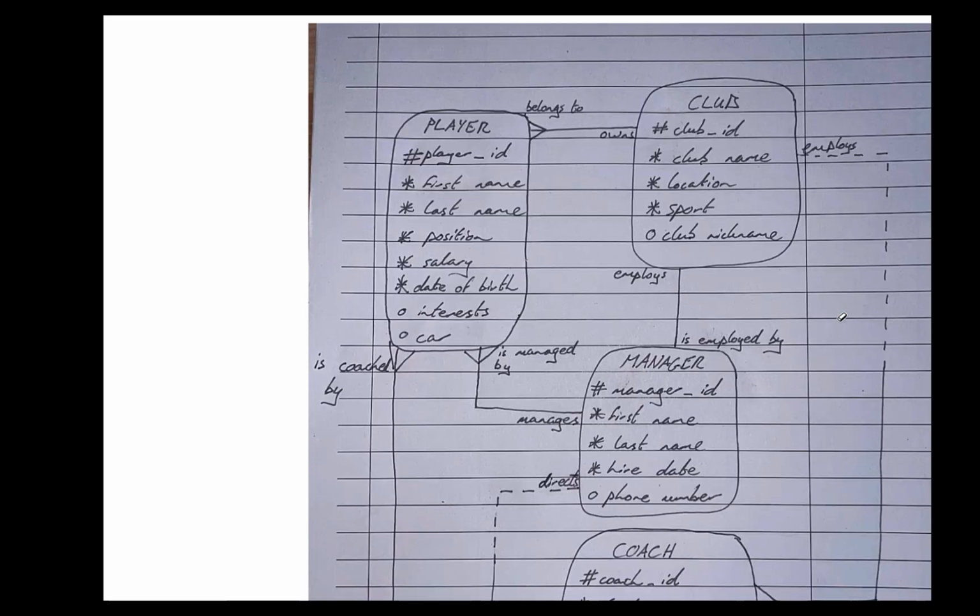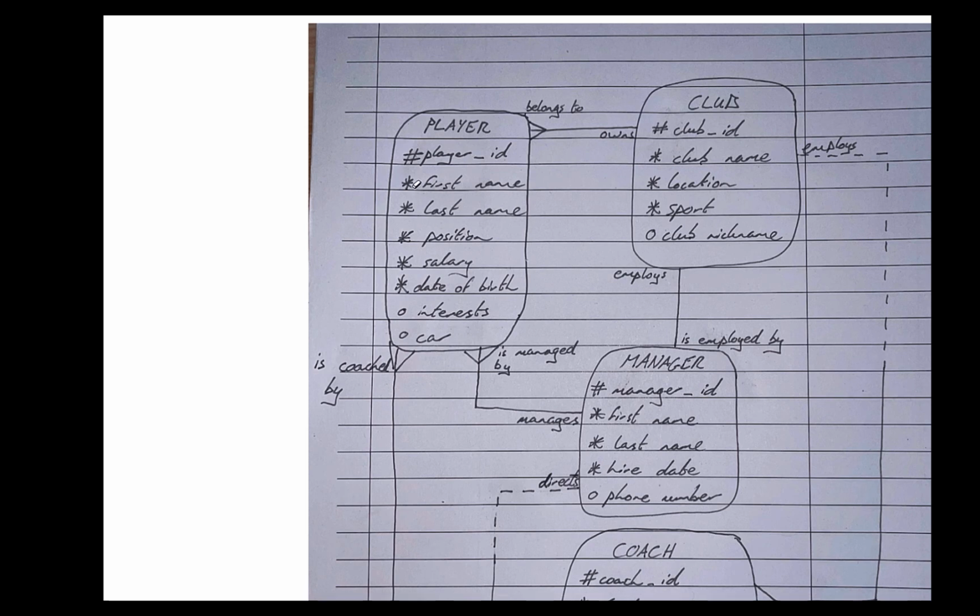So, okay, one of the students sent one ERD last week, so might be we can discuss this thing. Can you see, right? So we have player entity, club entity, manager entity, and coach entities. So in this diagram, we have 4 entities, and obviously they would have some attributes.